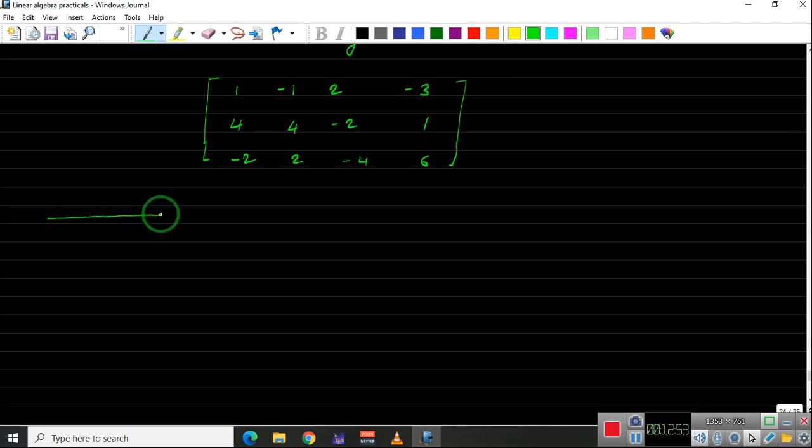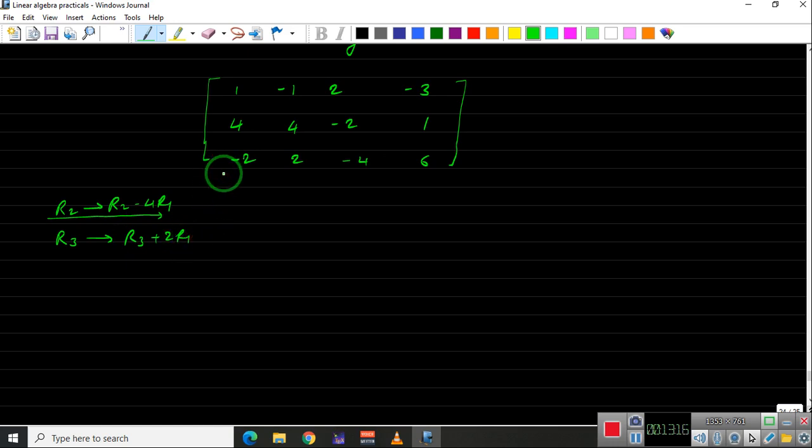Say R2 changes to R2 minus 4 R1. So you multiply the first row by minus 4 and add it to the second row. And the third row, R3 changes to R3 plus 2 times R1.